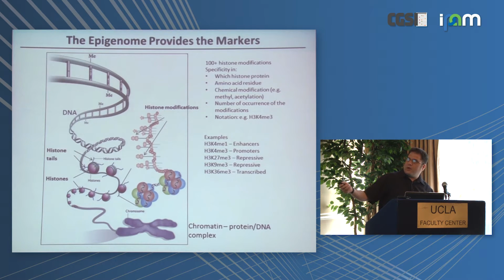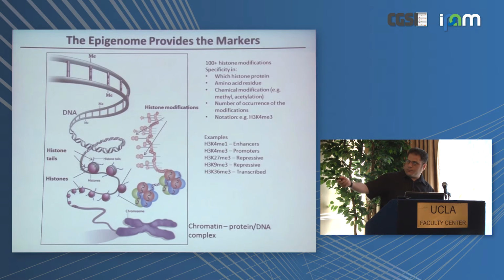So you can have different types of chemicals, methylation or acetylation. There can be differences in the number of occurrences of the modification, and then which specific amino acid residue and on which histone. And that's where you see notations like H3K4me3, saying histone 3, lysine 4, which is a specific amino acid residue, and then saying methylation in 3 copies.